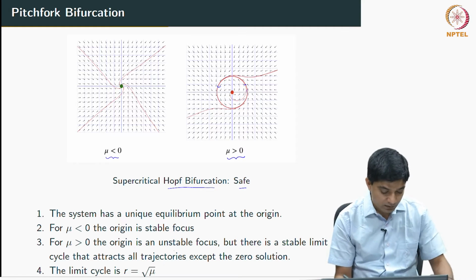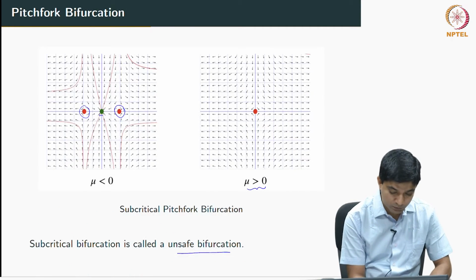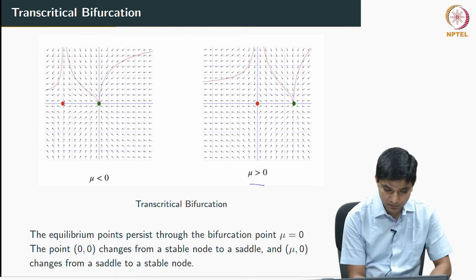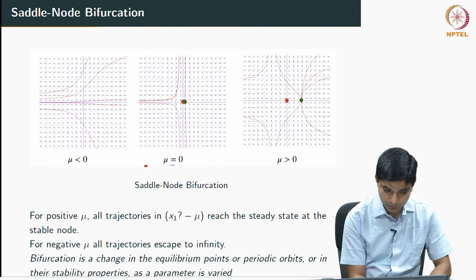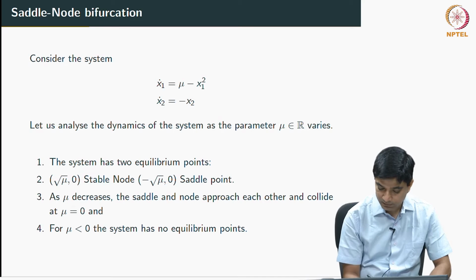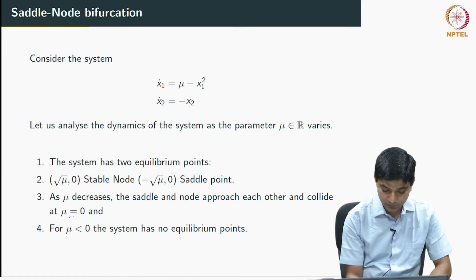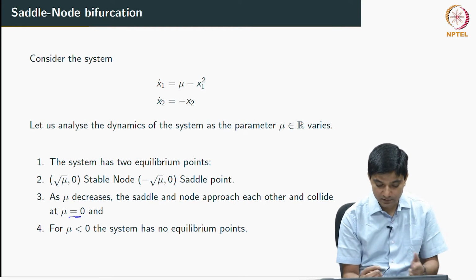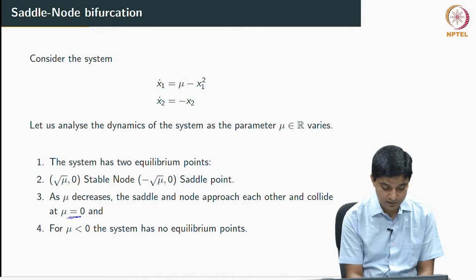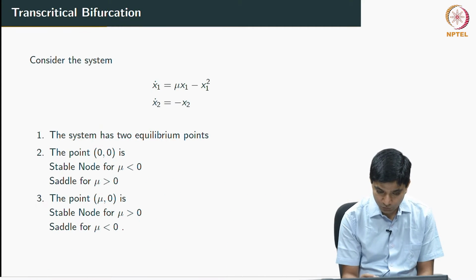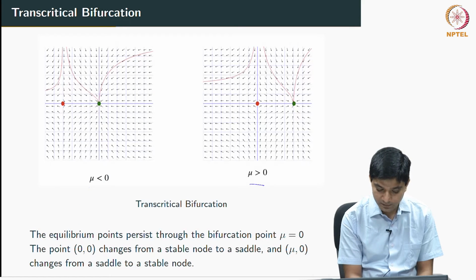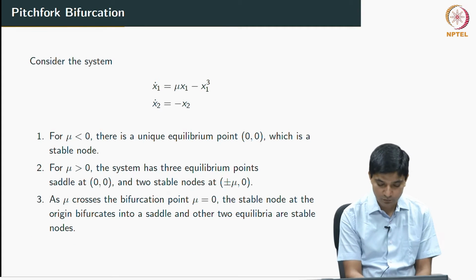But what is the common point here? If we start from the saddle node bifurcation, when mu equal to 0 you experience a 0 eigenvalue. Similarly, as mu changes sign, the linearized version is essentially associated with a 0 eigenvalue. That is true even in the transcritical bifurcation, and it is true also for the Pitchfork bifurcation.